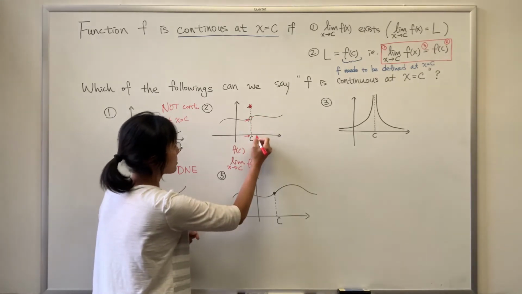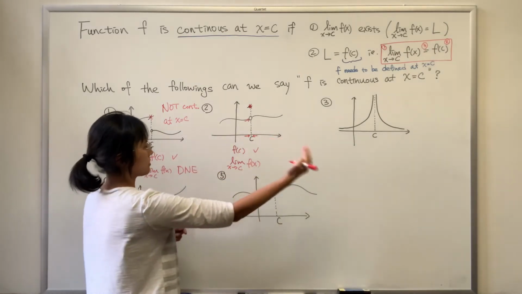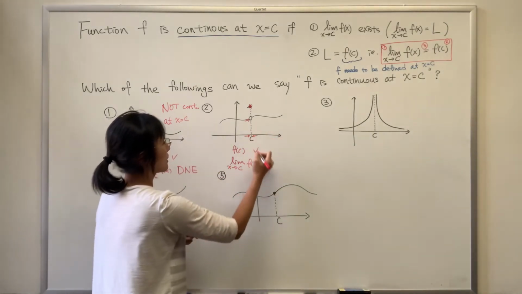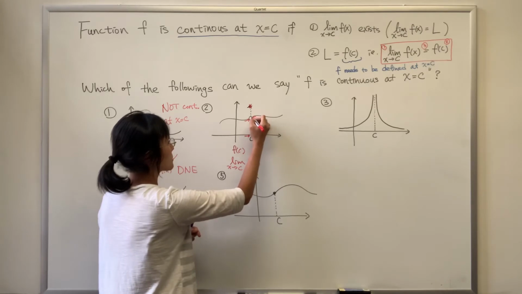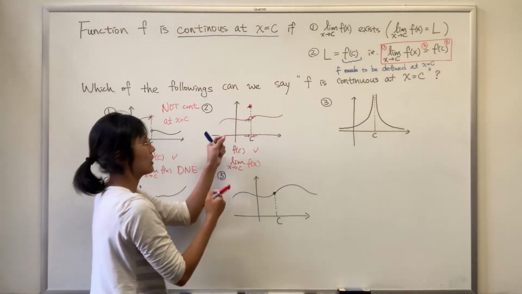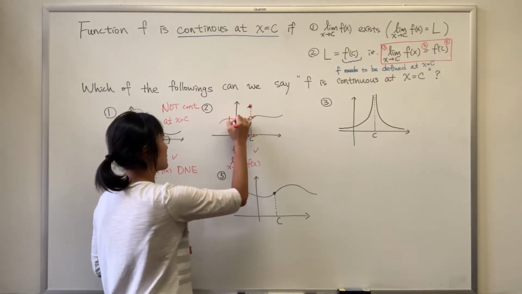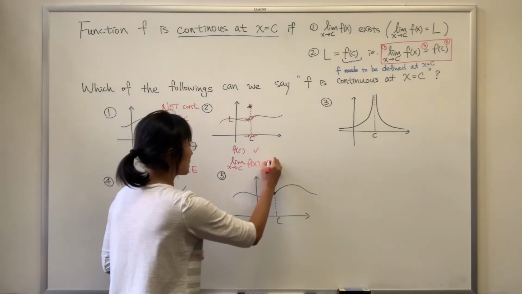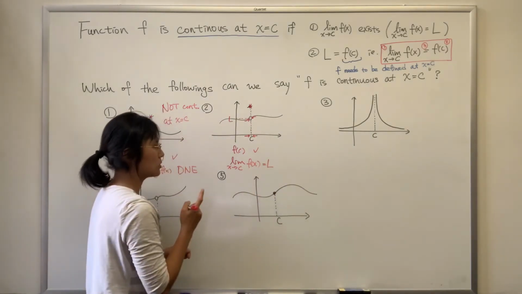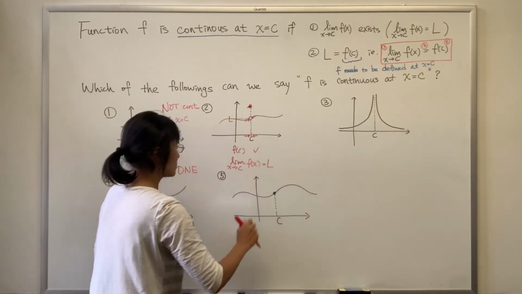And you also look at what happens when x approaches c from right to left, okay? So the corresponding f value goes this way. And you can see they're gonna meet where the empty circle is. So if this is height L, then we do have the limit exists and equals L, okay? So I also have condition 1.